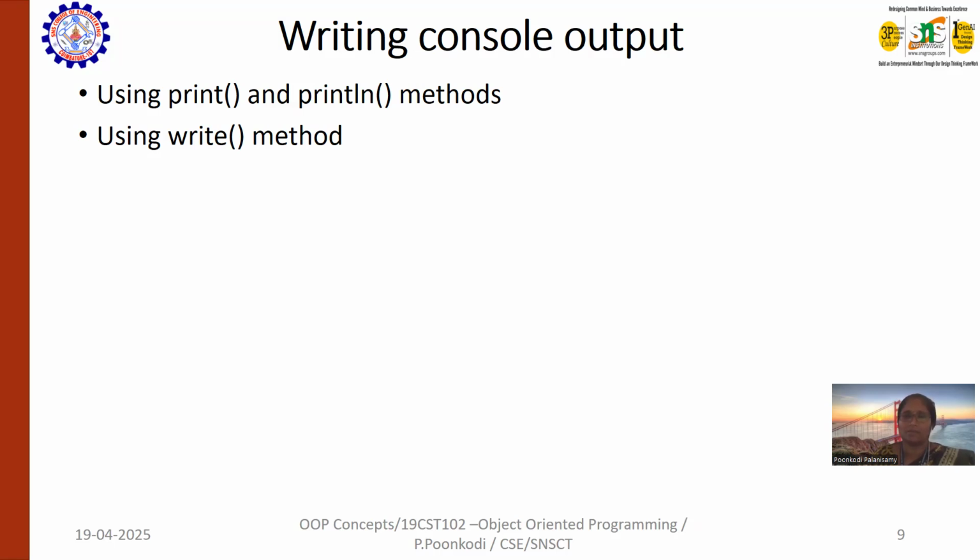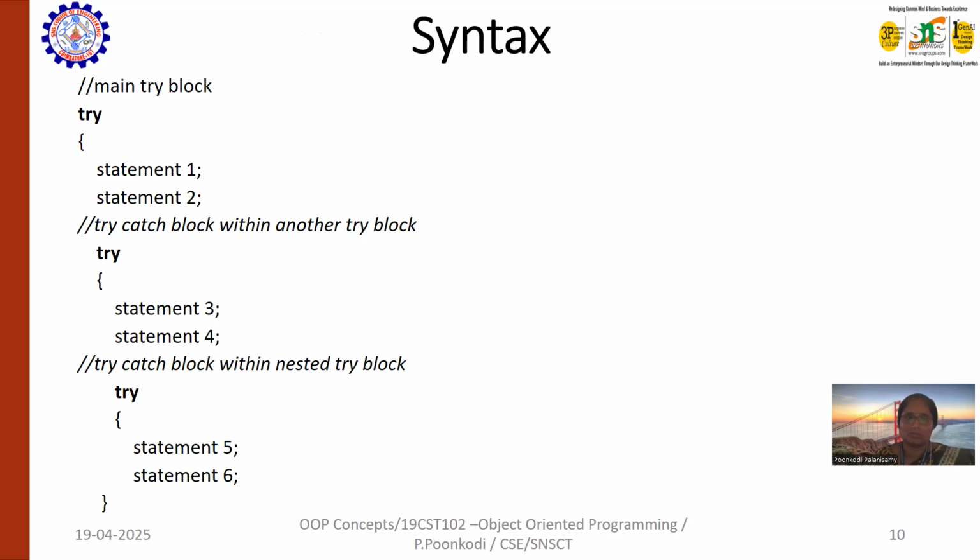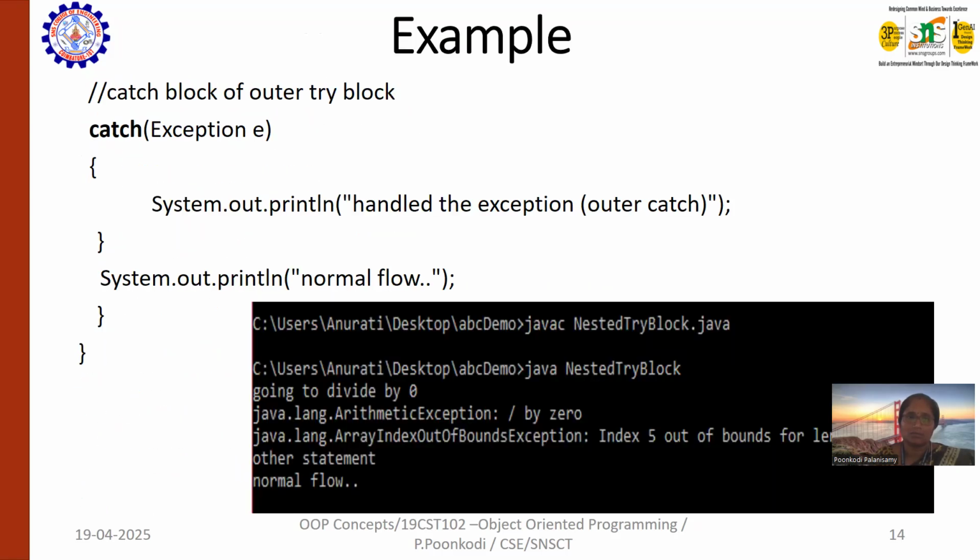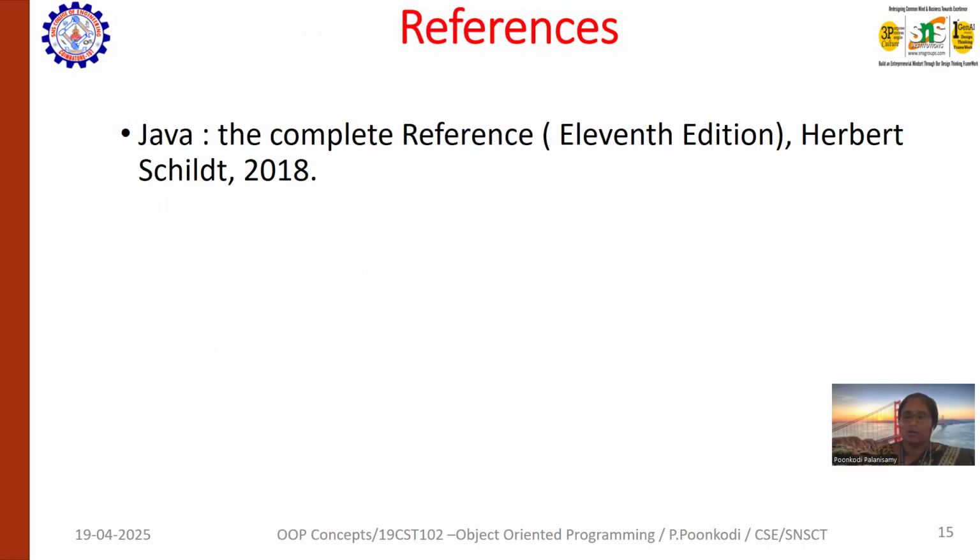Here we will use three methods to write content on a console: print, println, and write. All these three methods are used to write content on the console. So this is the reference.